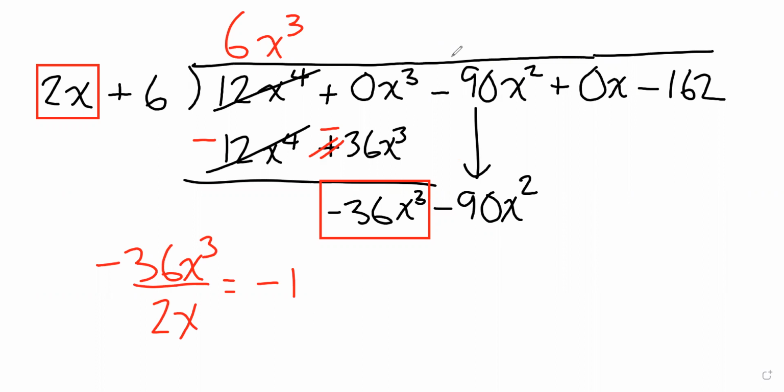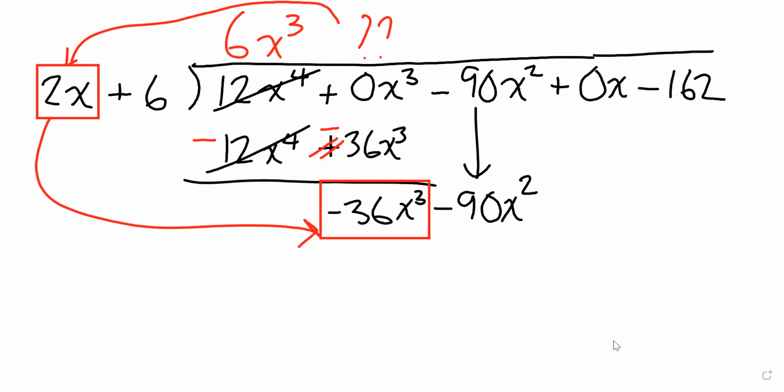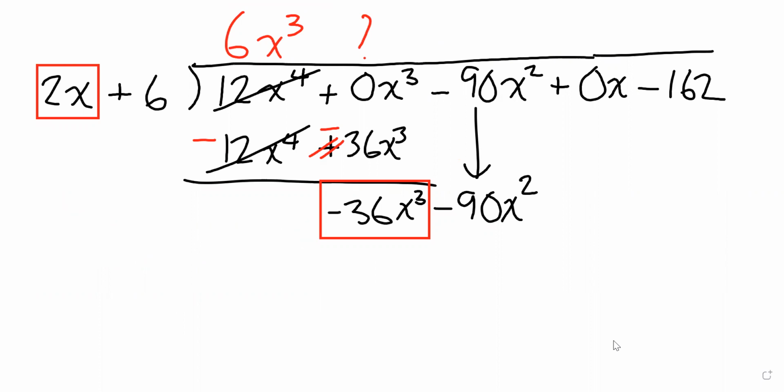Or you can ask the question, what would I put here so that when I multiply it by 2x, it turns it into negative 36x cubed? Well, let's start with the signs. Whatever's here plus or minus wise has to multiply by a positive to turn it into a negative, which means we have to have a negative.